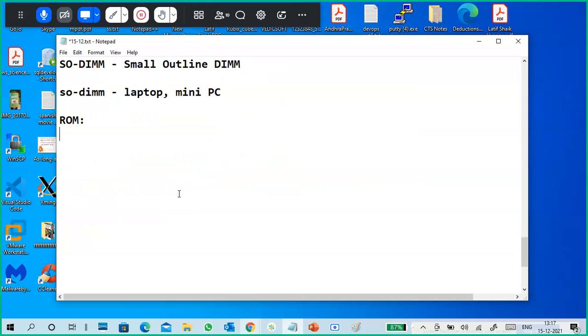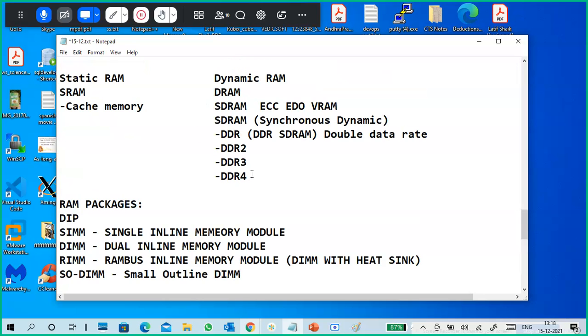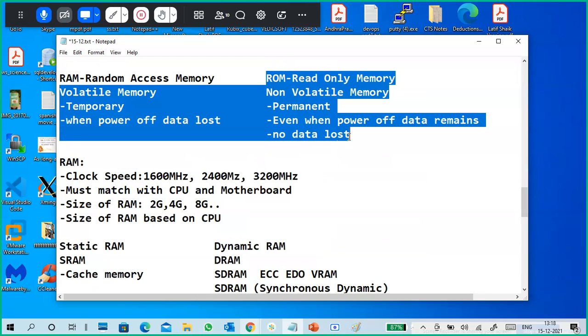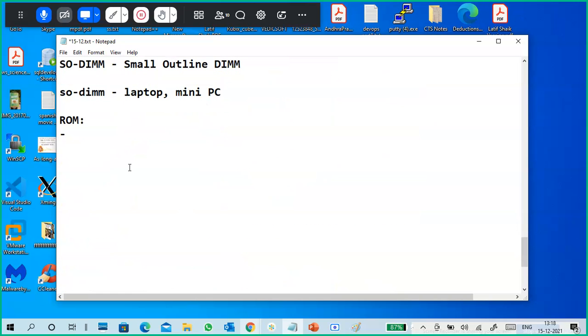So what is a ROM? Read only memory, non-volatile memory, permanent memory, of course. All those things I've written here, so compulsory. What is a part of ROM?